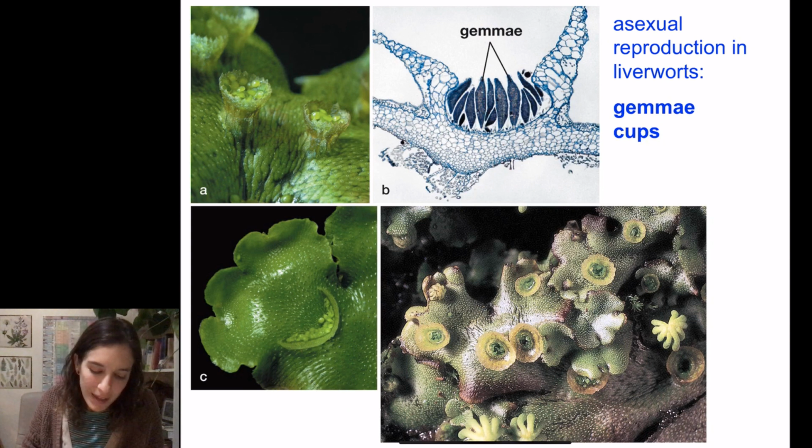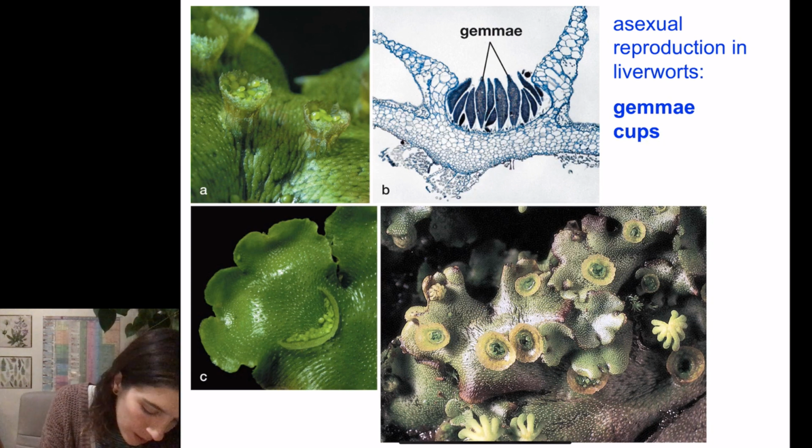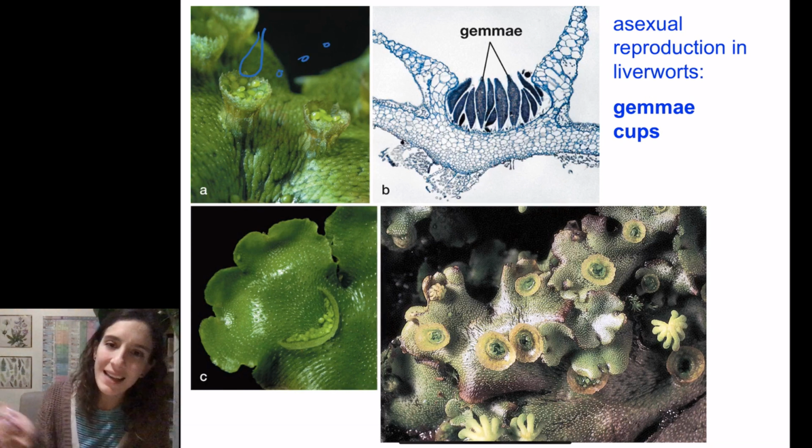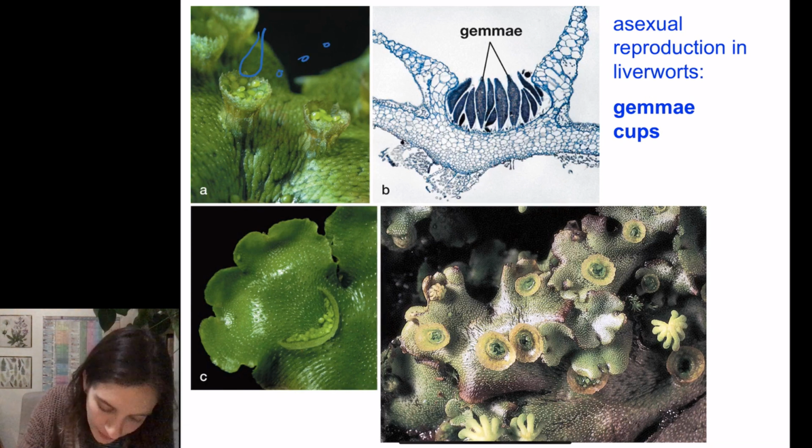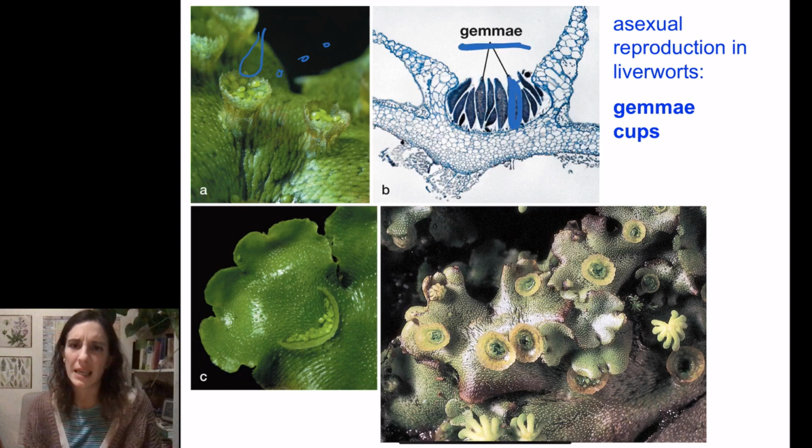These gemmae cups act like the little splash cups in mosses, where when a raindrop lands inside one of them, like right there, it splashes these little gemmae out. One of these, like that one right there, is a gemma. I've heard it pronounced both ways. Gemmae is plural for gemma.